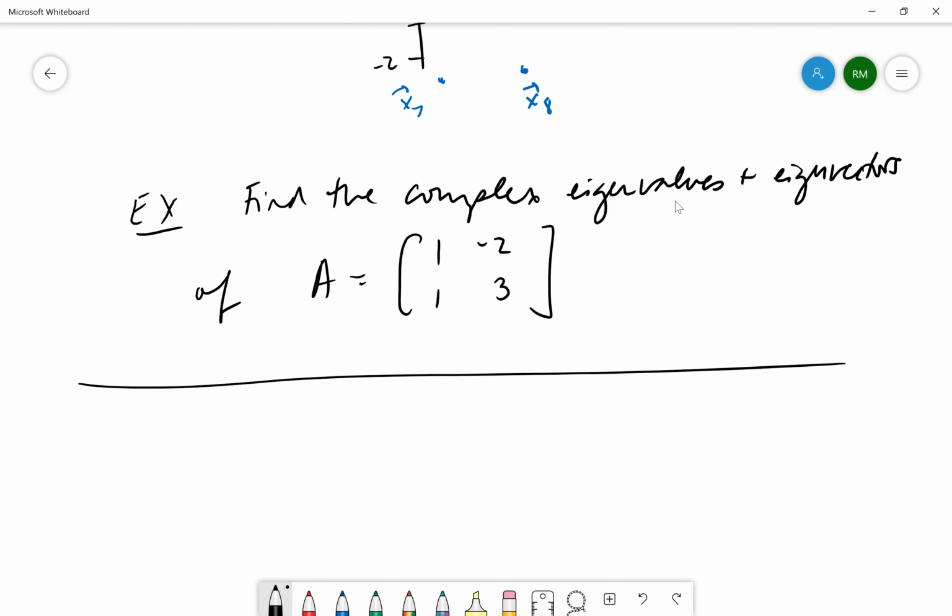So now that you've had a chance to do that, we're going to move on to something slightly different. And this involves the real and imaginary parts of vectors.